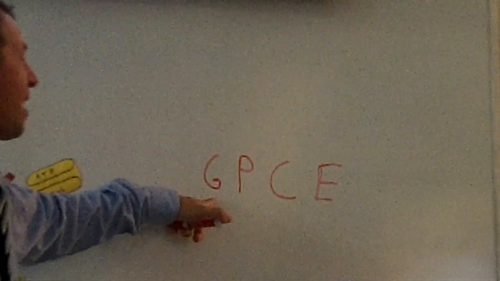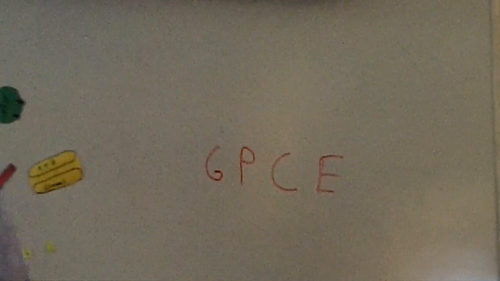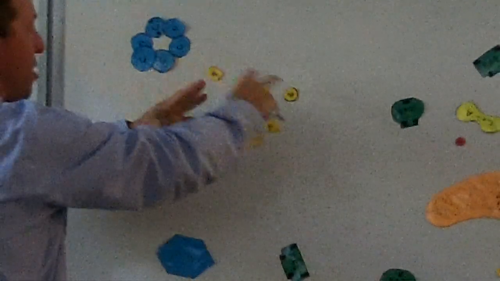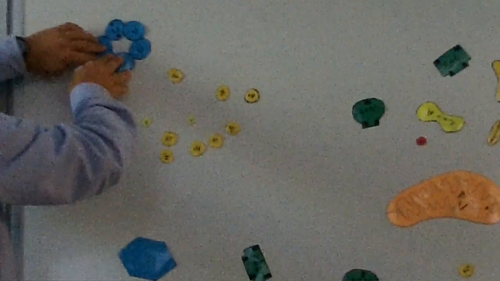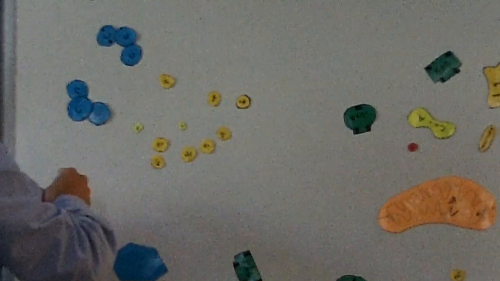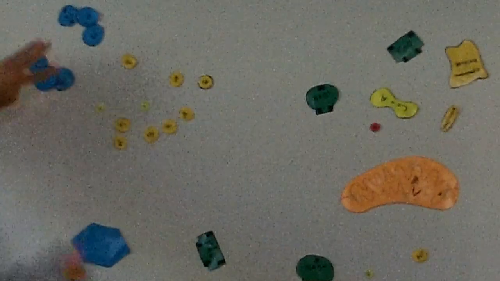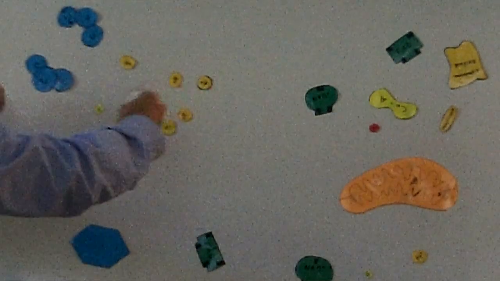And G, glycolysis, that happens outside the mitochondrion. That happens first. As soon as the glucose enters the cell, it has enzymes that can tear it apart. And whenever you take a big molecule and you tear it apart, some energy comes out.